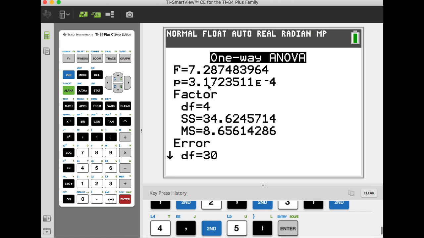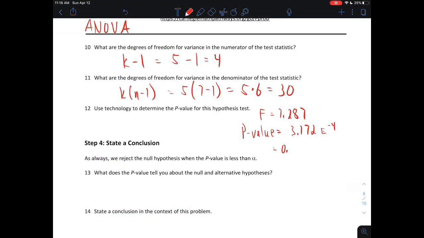So the p-value in this case, it says 3.172, but don't forget off to the right, there's the capital E -4, which means I have to take the decimal point and move it 4 spaces to the left. Which means we have 0.00037172, which is definitely a very small p-value. So that is our answer for number 12.